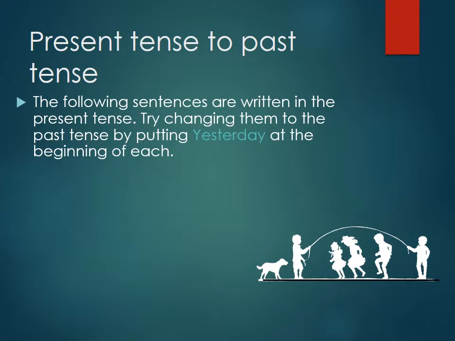I want you to try changing them to the past tense by putting the word yesterday at the beginning of each sentence. So this first one says, I walk to school. So change this to past tense by saying yesterday, is it going to be walk to school or walked to school? And hopefully you've answered that yesterday I walked to school.